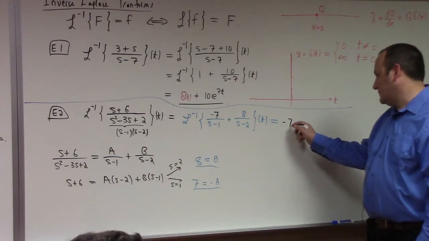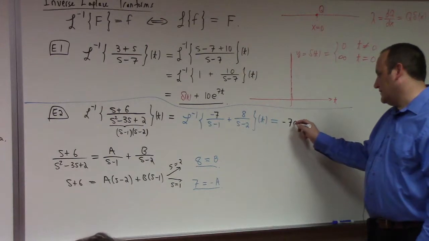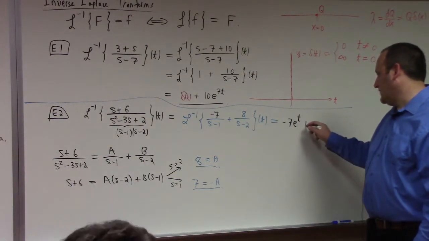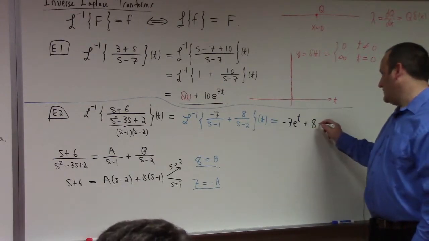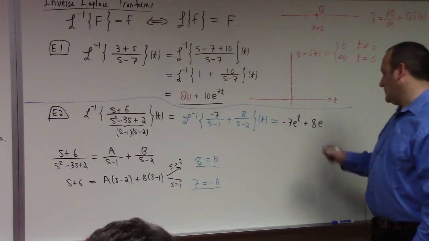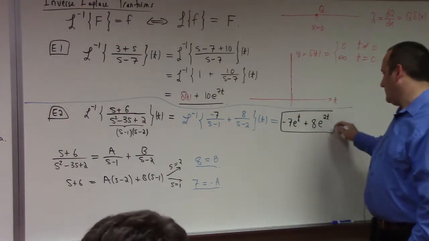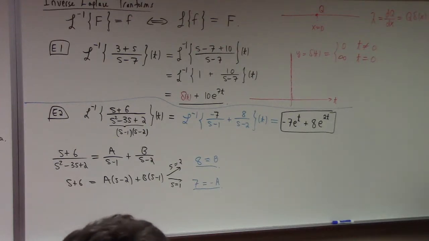Minus 7 e to the t plus 8 e to the 2t. There you go. Our first reasonable inverse Laplace transform.